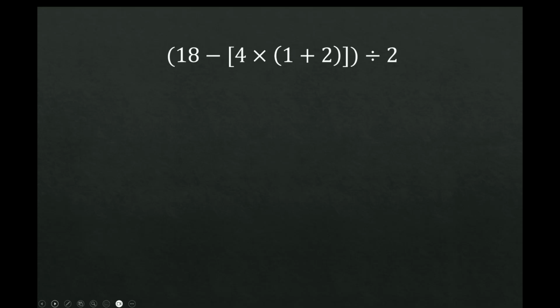Now, a little more complicated one, but this time we've got multiple parentheses and brackets, but as we said with the rule, we're going to do these from the inside out. So the innermost parentheses is this one here, so we want to do 1 plus 2, which is the 3. And then that'll still be in brackets.